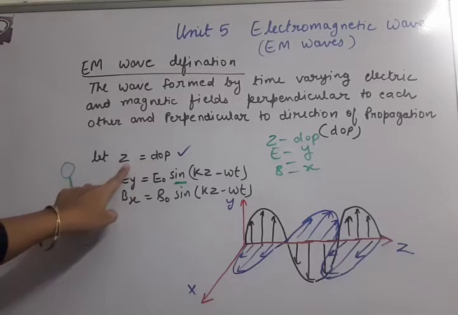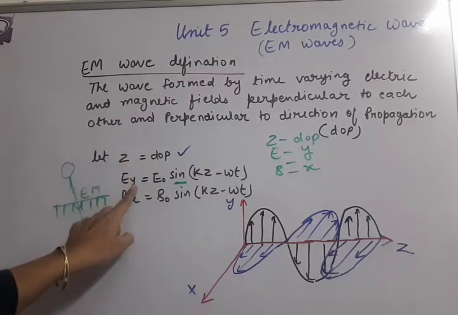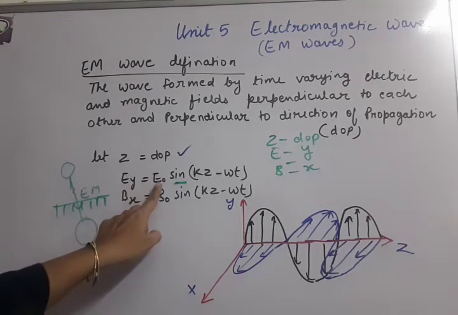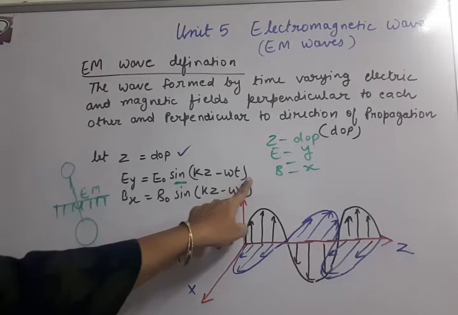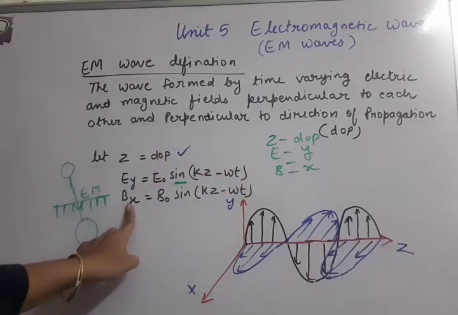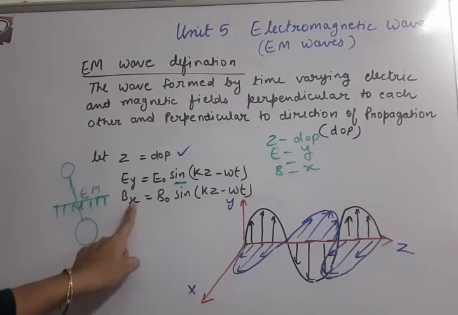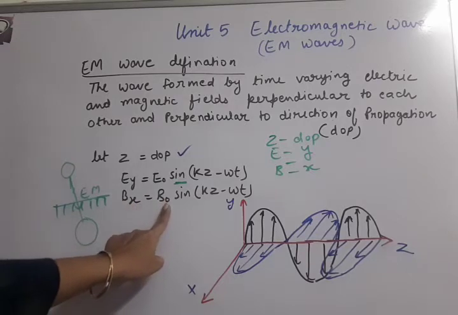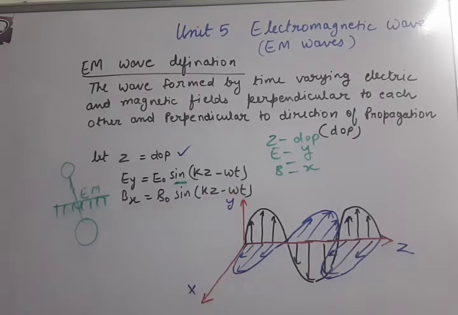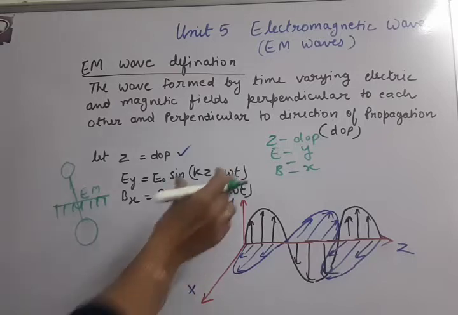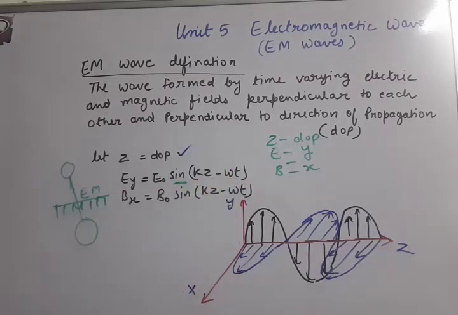Suppose DOP is Z. Then in the electric field, E0 means amplitude, sin(kz minus omega t) is to be written, and here only one change will come, Bx. B0 will be the amplitude of the magnetic field, sin(kz minus omega t), the same format we have to write in the magnetic field also.